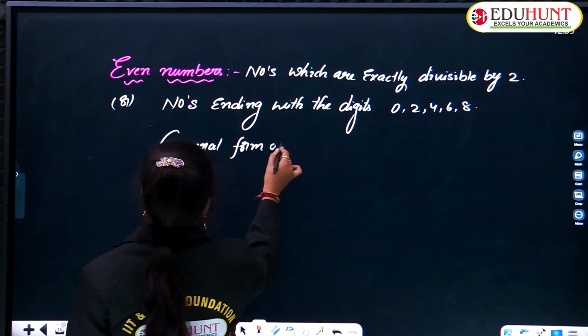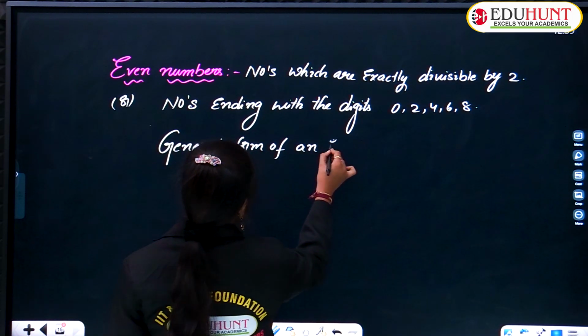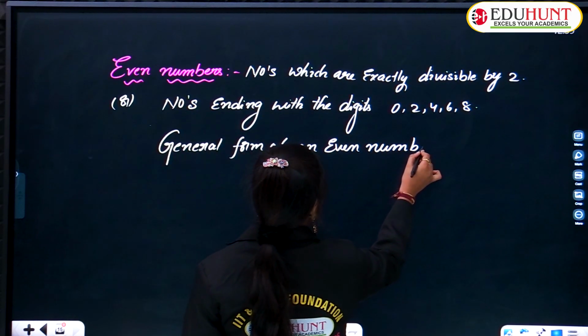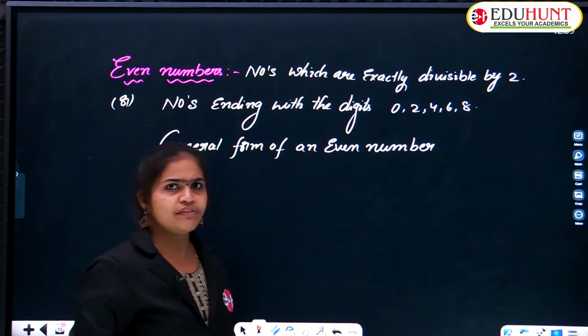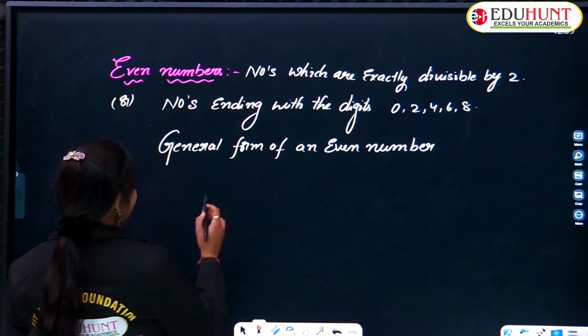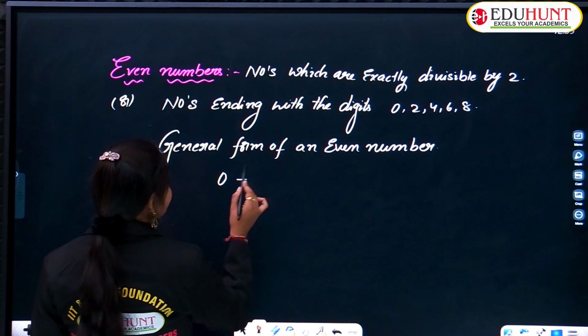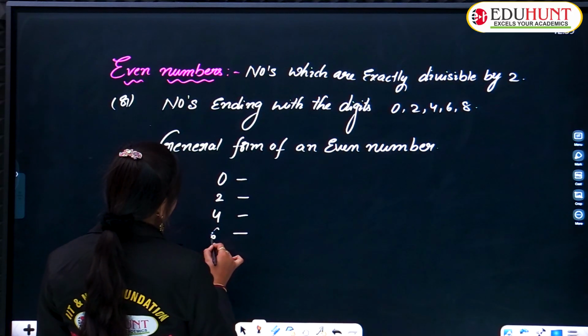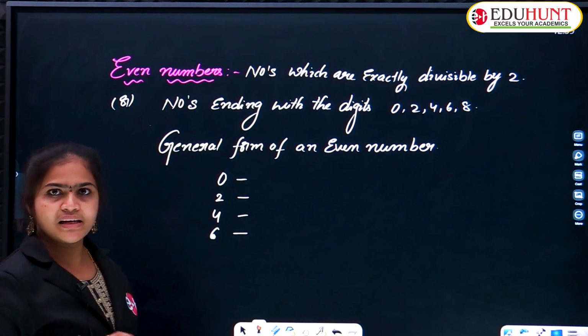General form of an even number means how we can write it. Here 0, 2, 4, 6, these are all even numbers, we know that.